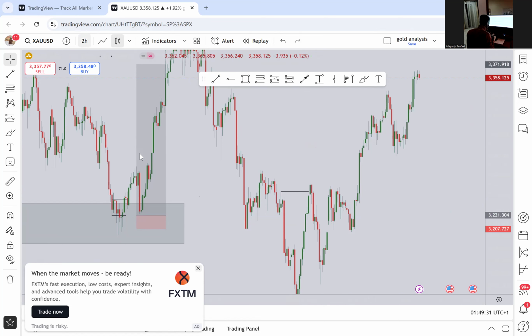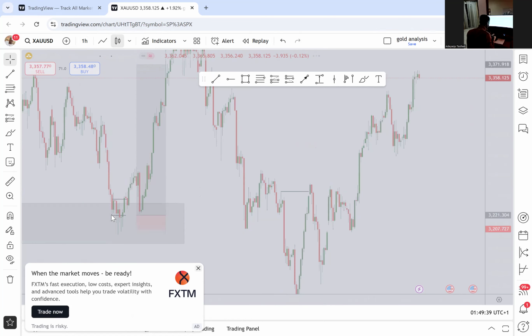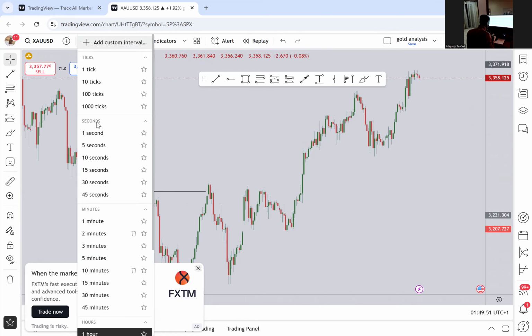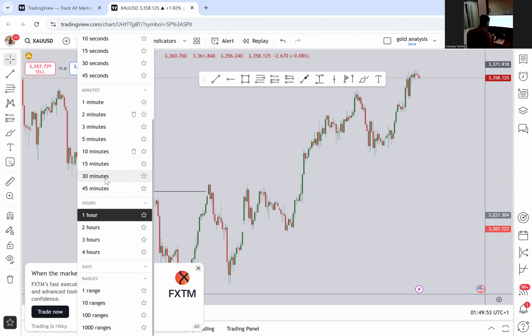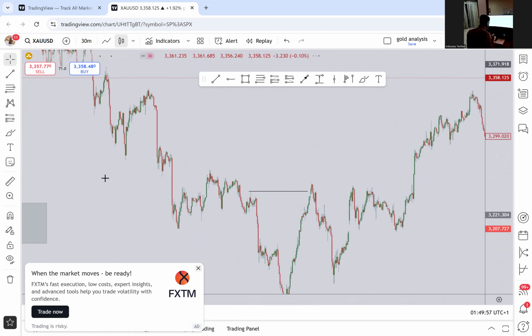So we keep going to the lower time frames to spot entries, to spot regions where we can understand better. So here we've got this high, right? But you can see around here that we've got another weak high, but that's clear on the lower time frame.